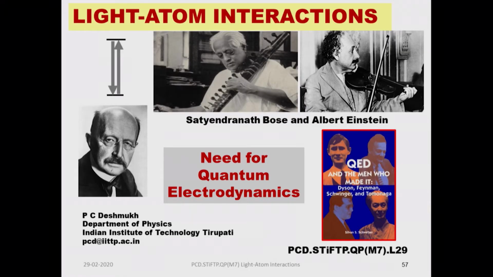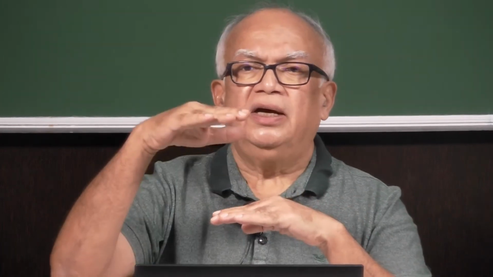So, you have the bound state of an atom, and we considered a two-level atom that interacts with an electromagnetic field described as a wave, not as a quantum field, and the interaction drives transitions from the ground state to the excited state, and also from the excited state to the ground state.